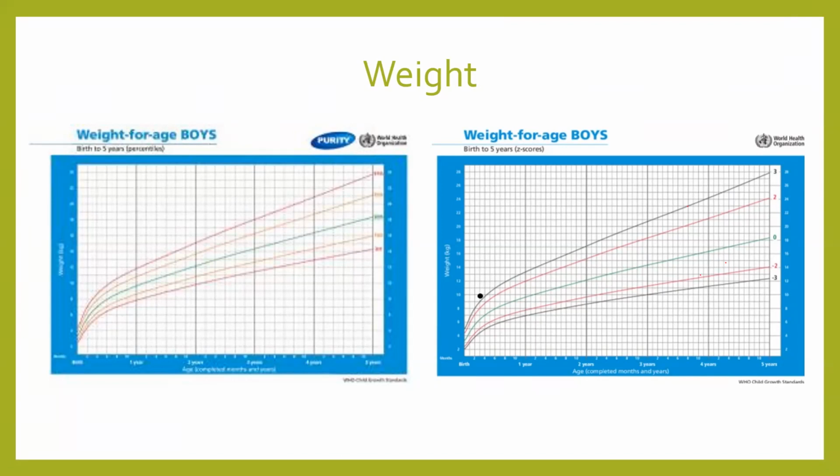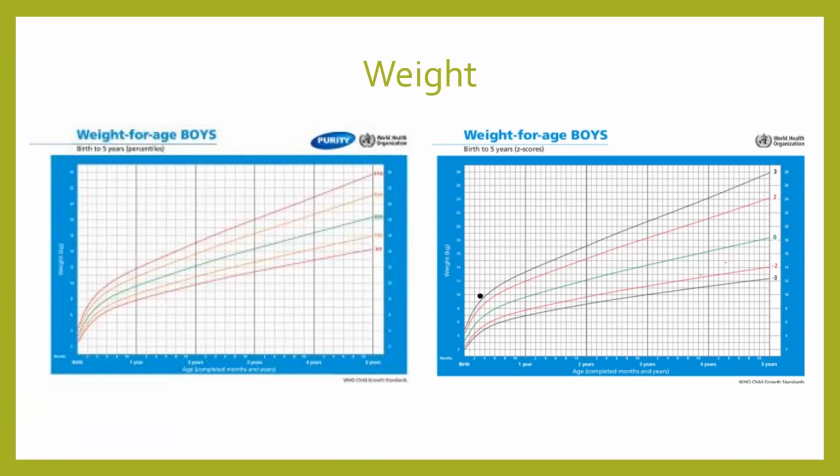From the chart, the x-axis is the age of the children, and the y-axis is the weight of the children, since we want to know about the weight. As I mentioned before, we have percentile and also the Z-score. For boys, we use blue color, and for girls, we use pink color.